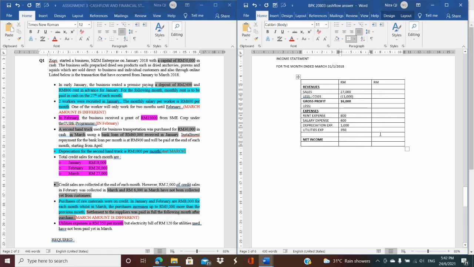So what will be the total expenses? 800 plus 600 plus 1,000 plus 350, 2,750. So the total expense will be 2,750.